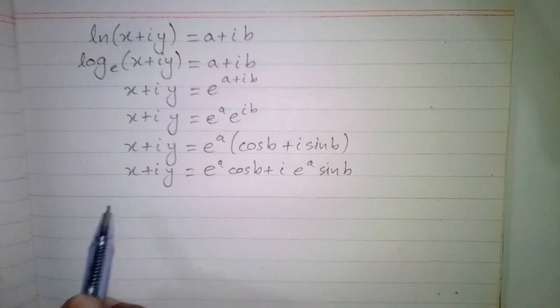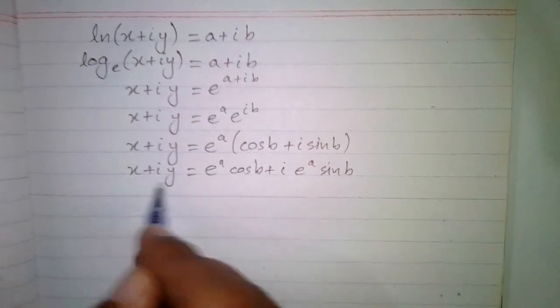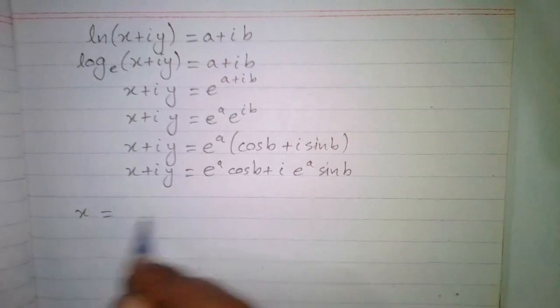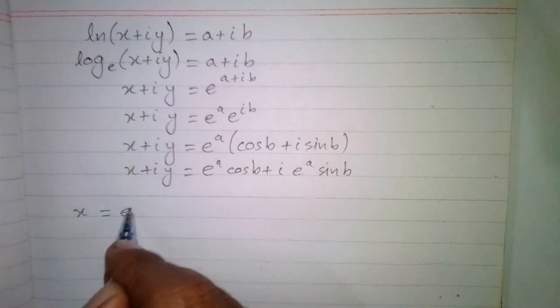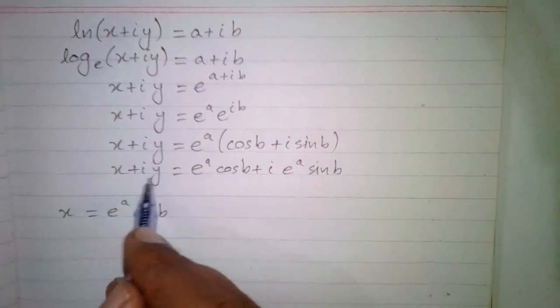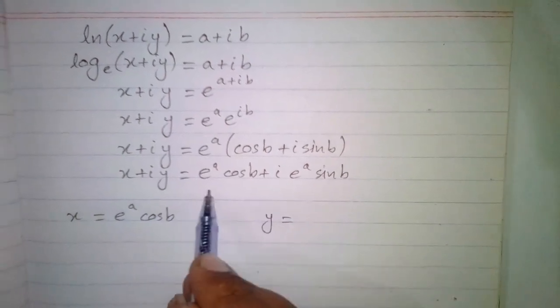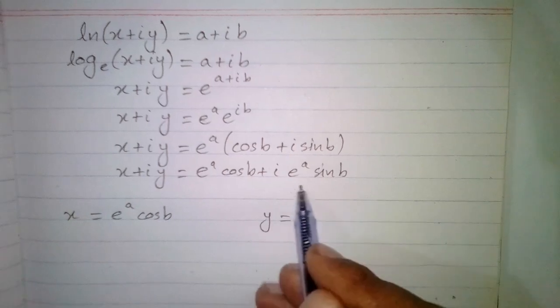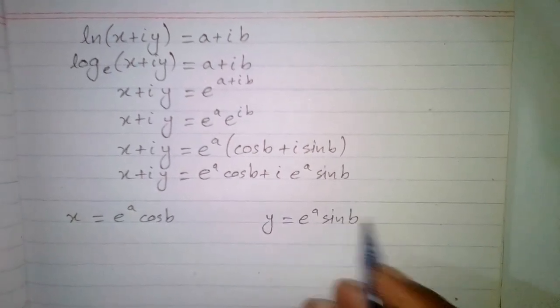Now we can compare real and imaginary parts of both sides. The real part of this side is x, and the real part of the other side is e to the power a cos b. The imaginary part of this complex number is y, and the imaginary part of the other side is e to the power a sin b.